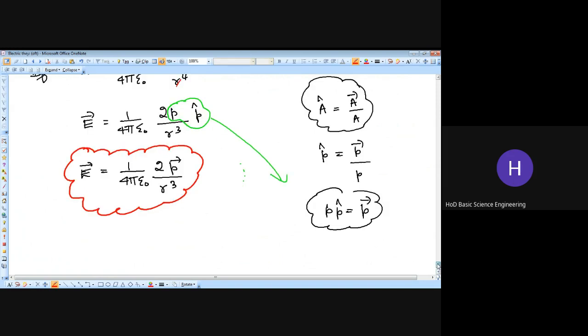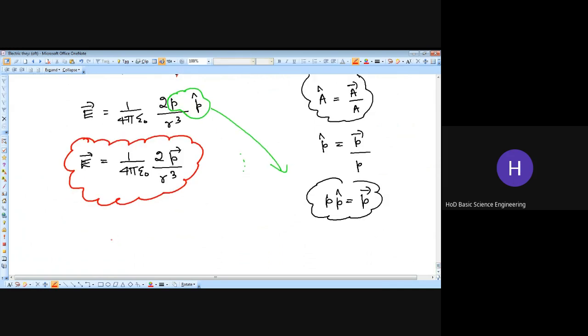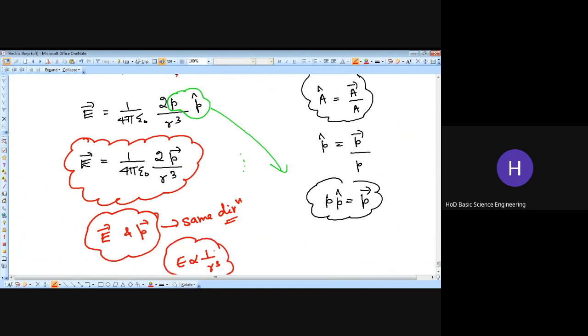If we look at the expression, it is clear that the direction of electric field and dipole moment are in the same direction. Net electric field and dipole moment are acting in the same direction, and also electric field is proportional to 1 by R cube.